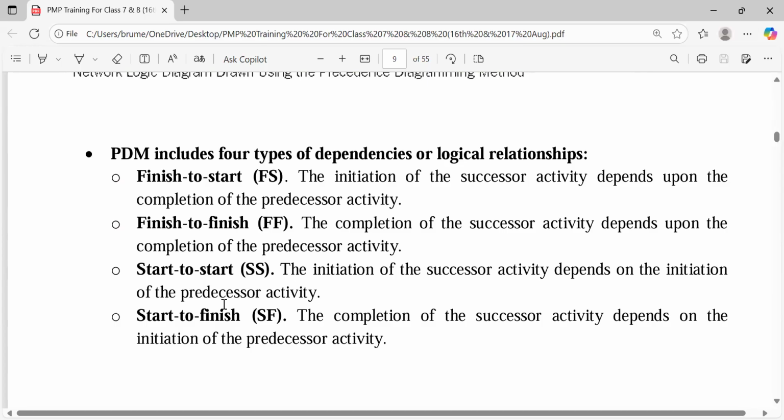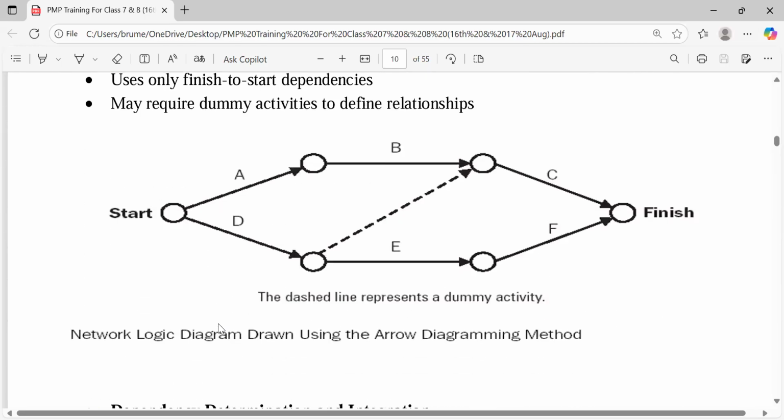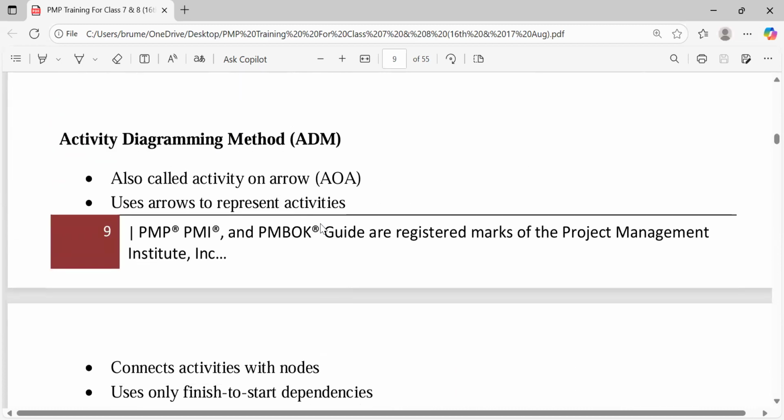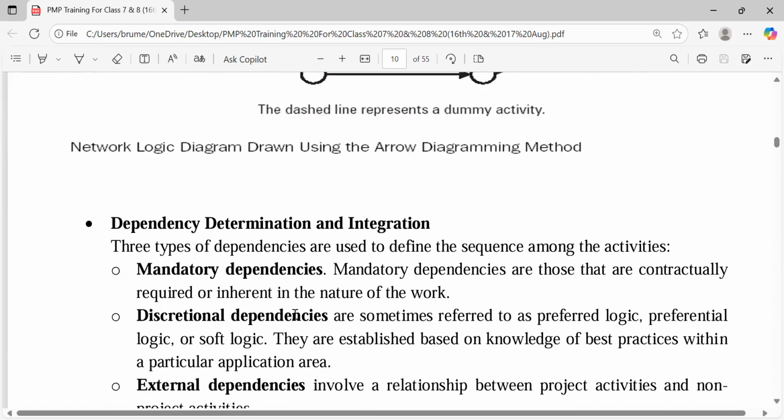Yesterday we talked about lag and lead also. So these are kinds of schedule constraints that we must consider when we are coming up with the project schedule. And as you look at this diagram, you would understand that these are activities on arrows, not activities on nodes, which is quite different from the precedence diagramming method. The arrow diagramming method has activities on arrows. All right.